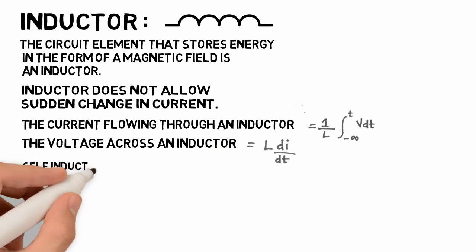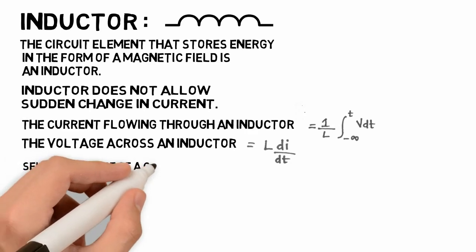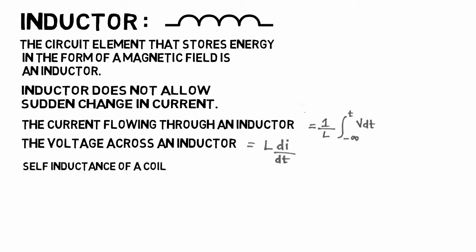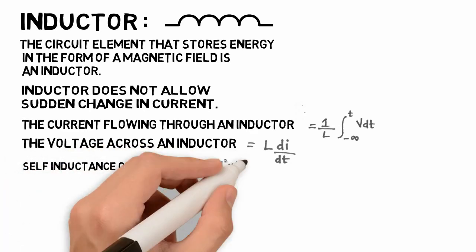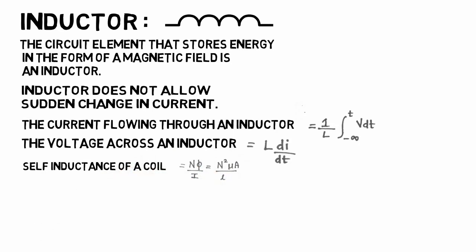The self-inductance of a coil is N phi by I, or N square mu A by L, where N is the number of turns in the coil, mu is the permeability of the material, A is the cross-sectional area of the coil, and L is the length of the coil.